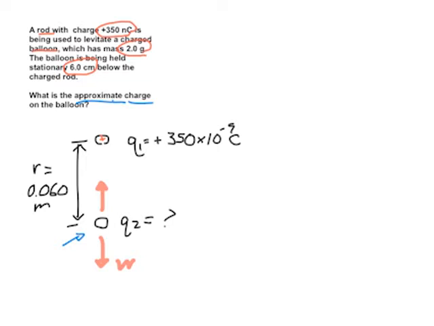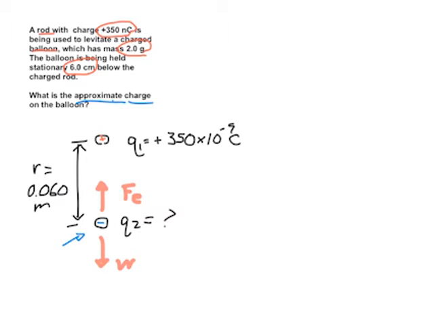The upward force, we're just going to take to be the electric force. It's provided by the electric attraction of the rod. So if the balloon is being pulled downward by the weight force, it's being pulled upward by the electric force, an attractive force to the charged rod, and so therefore the balloon has to have a negative charge.